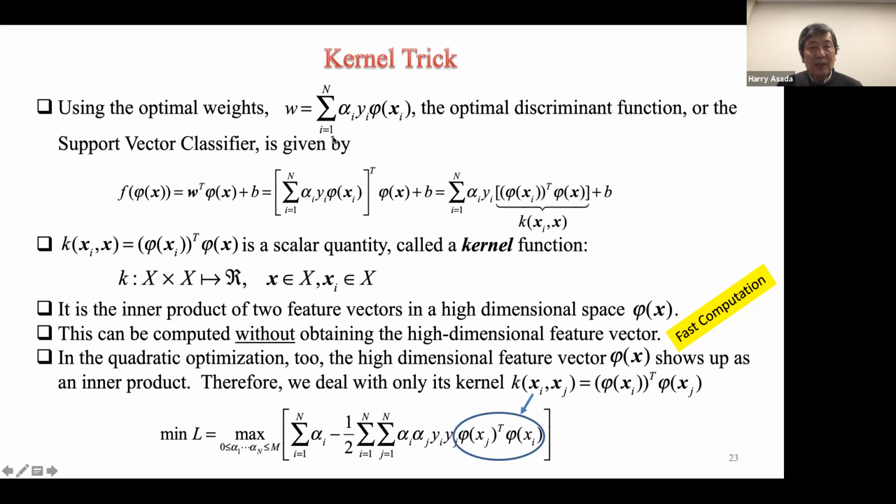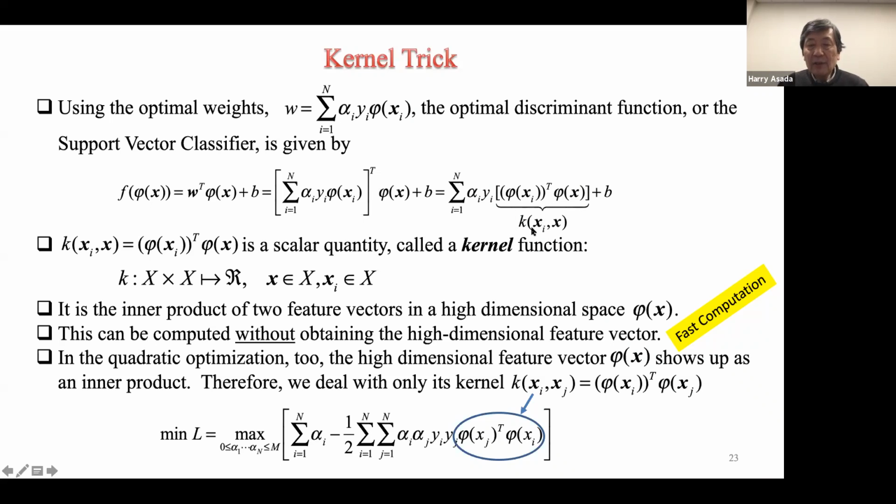As you put these two together, one is phi transpose and the other is phi, so you can put these phi vectors together to create the inner product, phi transpose phi. And let's replace this function by K(xi, x), which is called the kernel function.